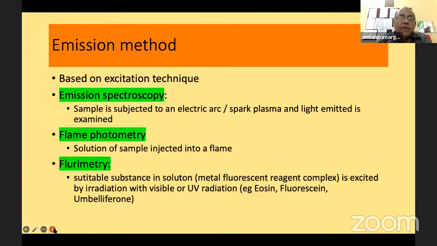And we have fluorometry also, where the material that you are adding is fluorescent. So if you put visible or, say, UV light, it will glow. Examples are fluorescein and eosin. These are all fluorescent materials.